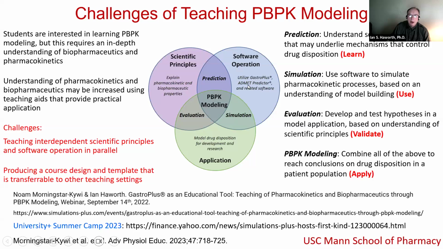And then once you start to be able to use the software, you can do simulations, you can get results, and then you go back to the scientific principle idea to validate your results. Do your results make sense based on your understanding of the principles? So this is to validate, and you keep going in this circle of these three outer circles here. And really, once you start doing this more fully, and you start mixing up these principles, mixing up different ways of using the software, doing different applications, you're doing PBPK modeling. Sounds easy enough, not so easy, of course, in practice.